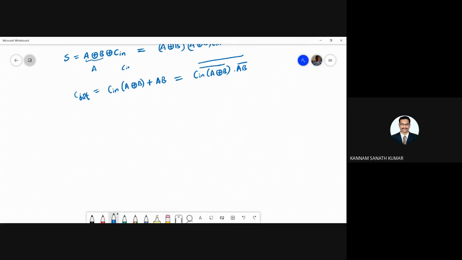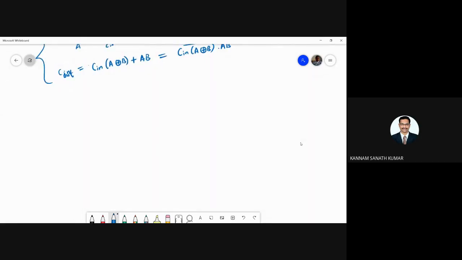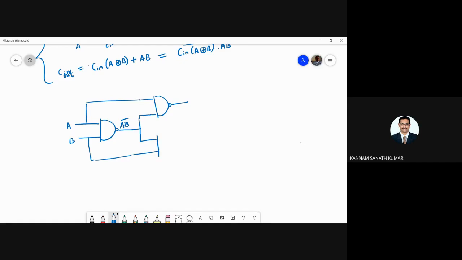So by using these two expressions, I'm executing this by using the NAND logic. One NAND gate, again it is connected to, so here you are getting A, so two inputs, AB bar, and next is given to one more NAND gate, and here we are giving one more NAND gate.